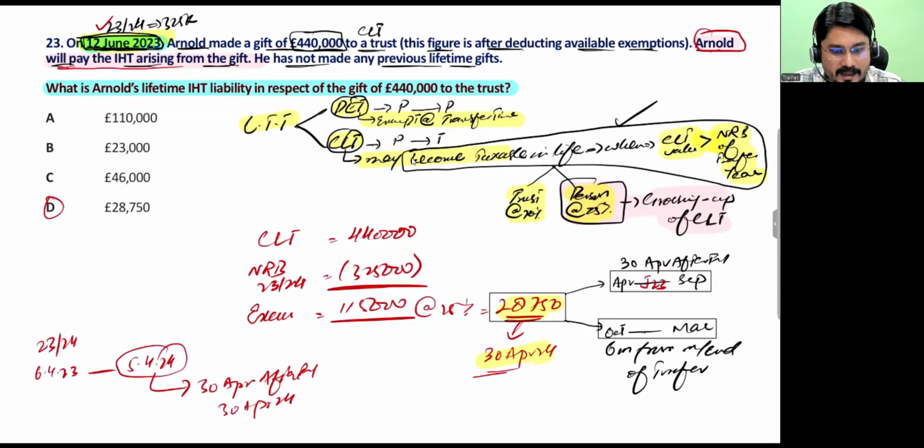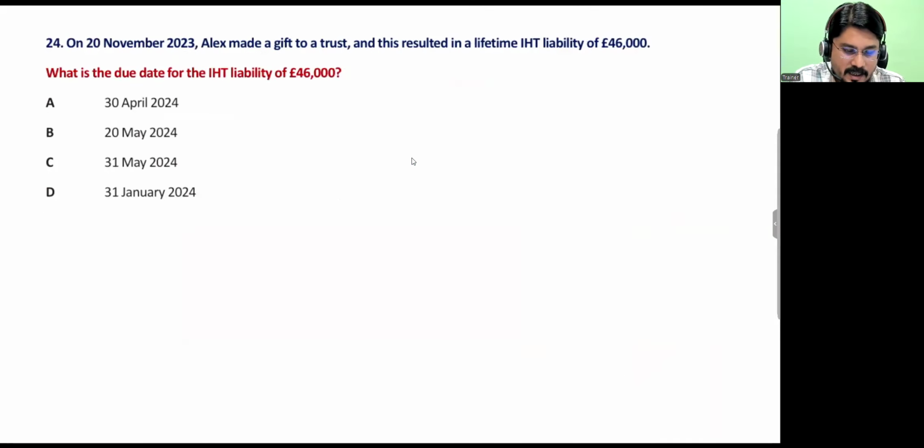And if you move forward and discuss the same question on the next slide, an asset is transferred on 20th November 2023. Alex made a gift to a trust, that's a CLT, and this resulted in a lifetime IHT of 46,000.